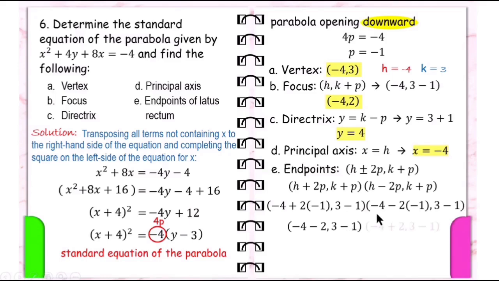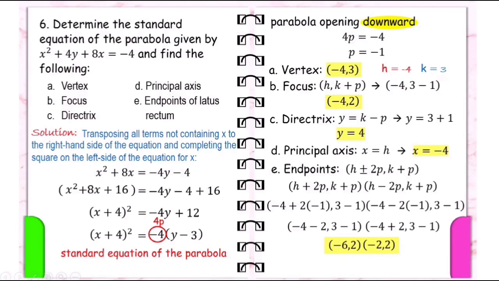And again, we copy negative 4, then negative 2 times negative 1 is positive 2, and copy 3 minus 1. Negative 4 minus 2 is negative 6, while 3 minus 1 is 2. And negative 4 plus 2 is negative 2, while 3 minus 1 is 2. And these are the endpoints of latus rectum.